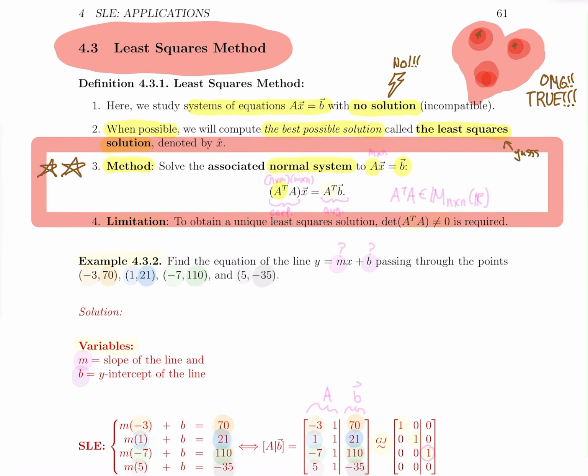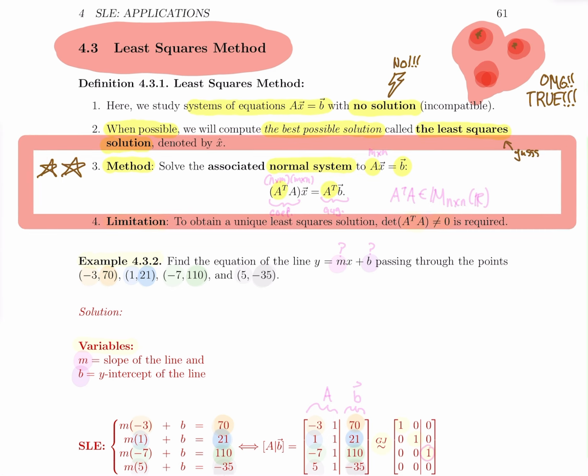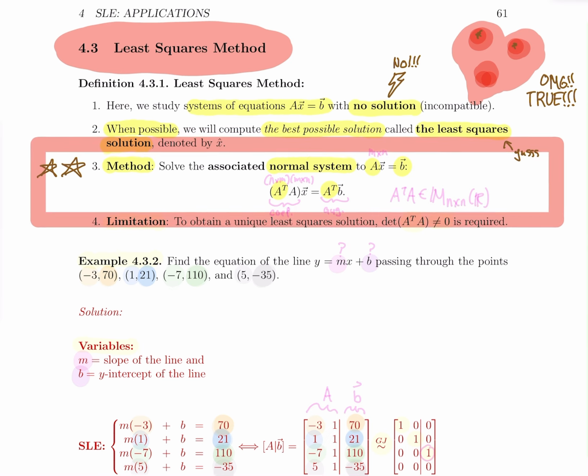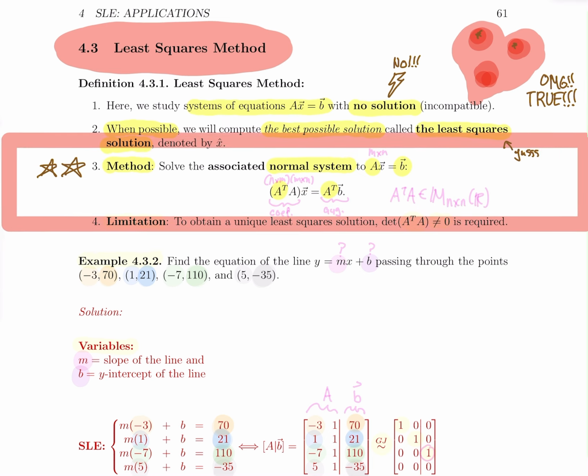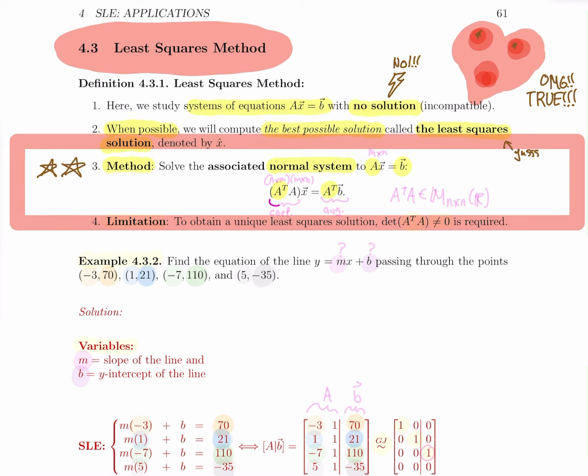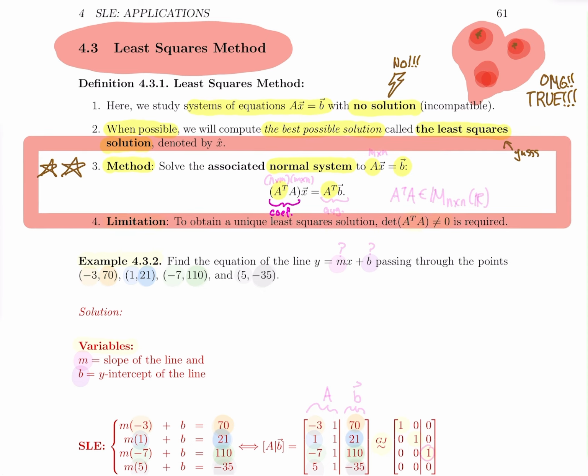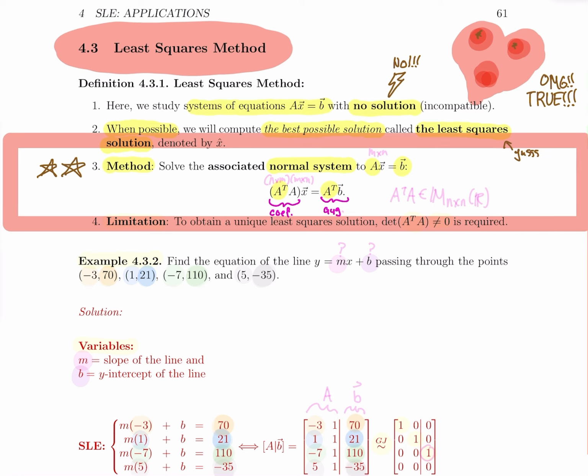You start with AX equals B, and on both sides, left and right, you multiply by A transpose. So the coefficient matrix of this new system is no longer simply A, it's A transpose multiplied by A, and the augmented part is A transpose times B.